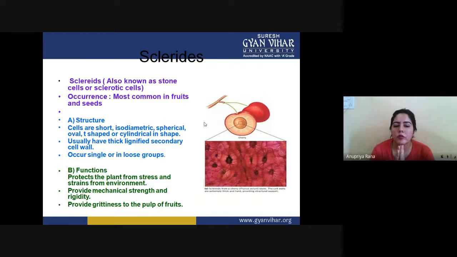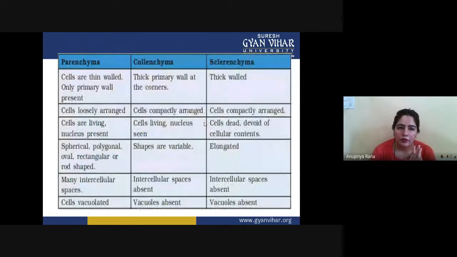Their function is also to protect the plant from stress and strain, give mechanical support, and give the gritty texture of the pulp. So these are the things performed by the sclereids in particular organs.